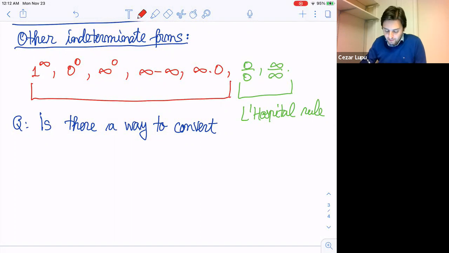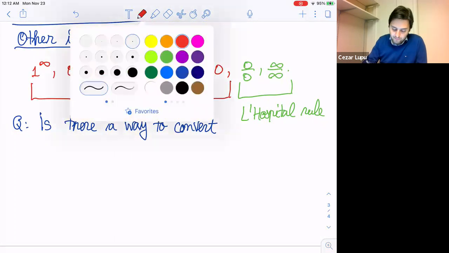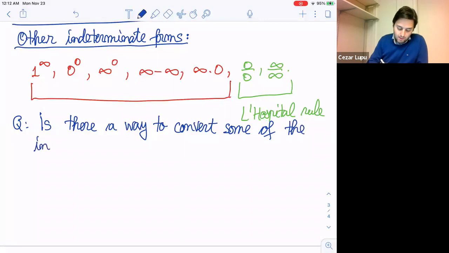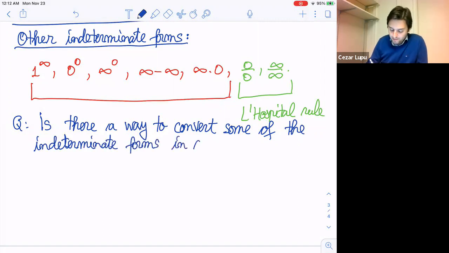To convert some of the indeterminate forms in red to 0 over 0 or infinity over infinity?